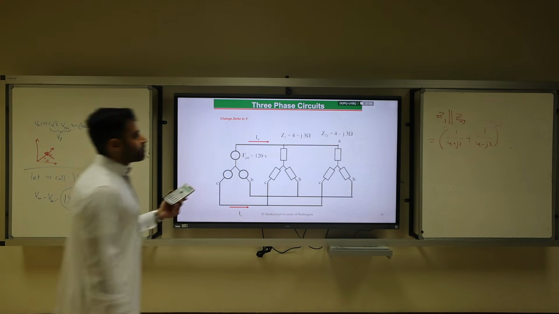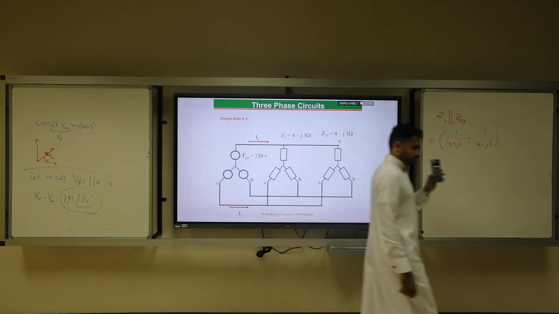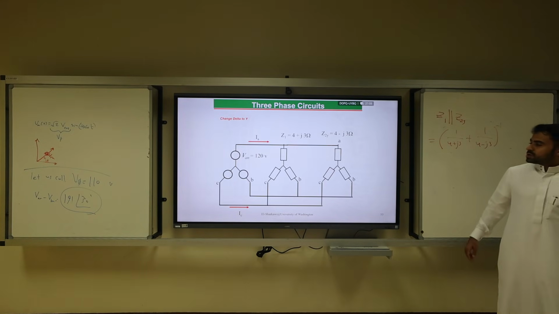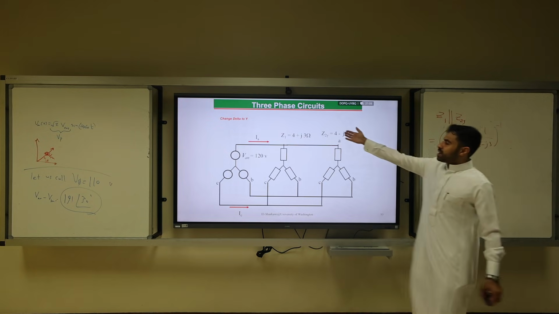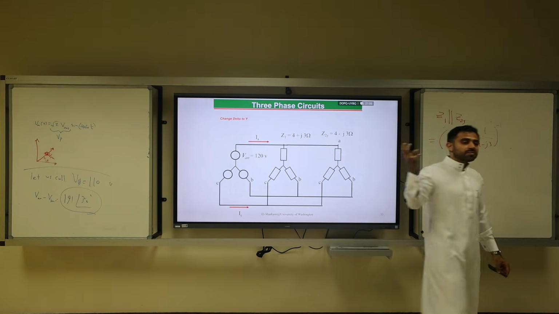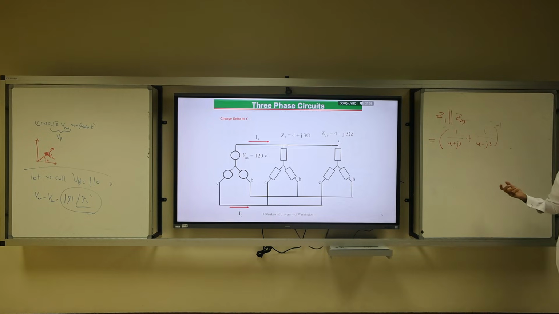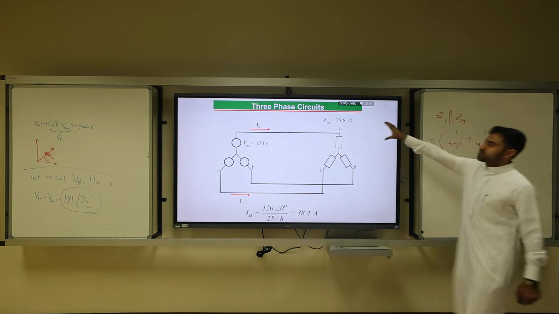And then I can find the number 25 over 8. So it turned out the imaginary parts are gone after taking the parallel combination. So this is the correct answer, 25 over 8.